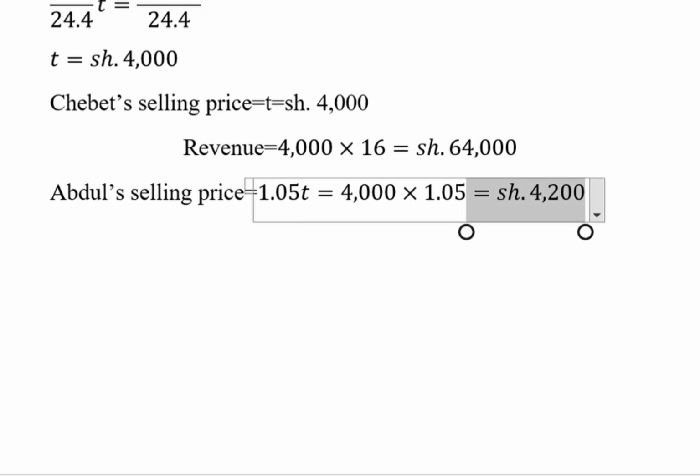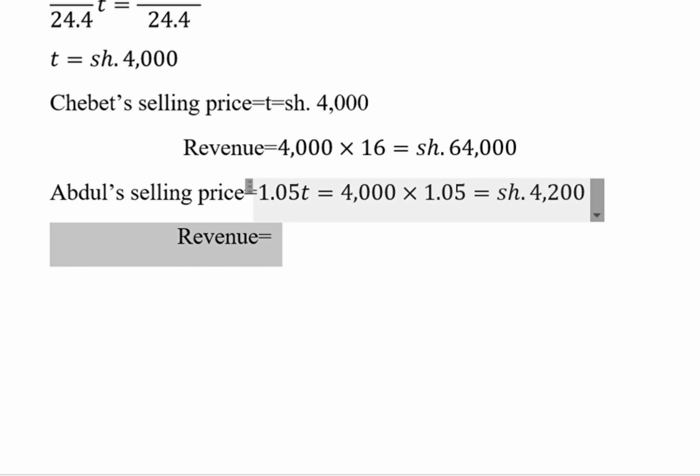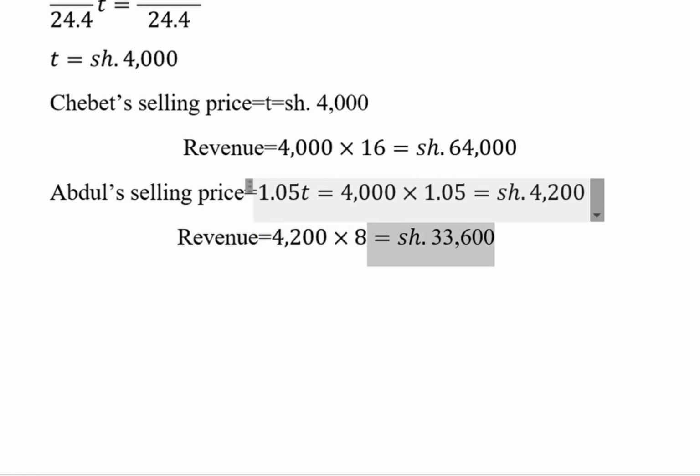That is the selling price per goat as far as Abdul was concerned. The revenue he will collect from the sale of the goats will be given by the number of goats which he sold, and that is 8 goats times the price per goat, that's 4,200, and that gives you 33,600 shillings.